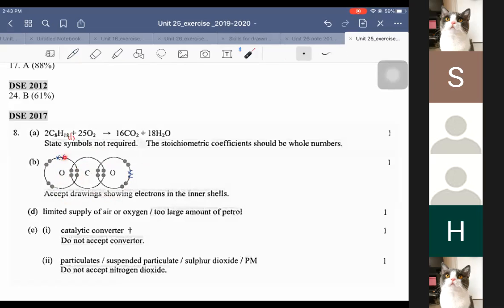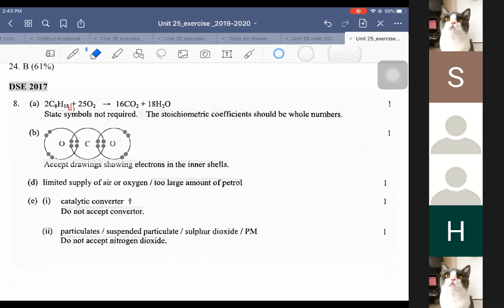But if you draw with 1 more pair of electrons for this oxygen, it actually got 10 electrons in it. Okay, and oxygen would not be able to take 10 electrons in its outermost shell. So that's a wrong representation. So be careful, don't draw an extra pair for those oxygen. And again, how many electrons can it maximum take? We're gonna learn in the coming units as well.